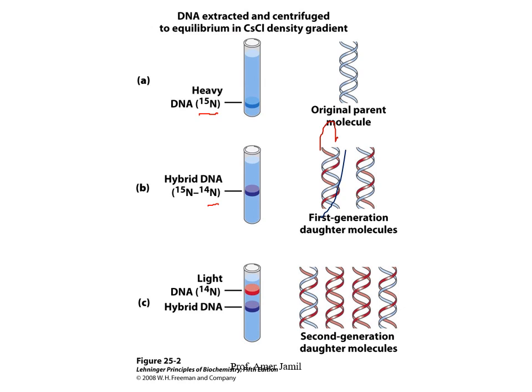Similarly, in the next generation, when you grow again in N14 medium, from this particular parent you can see that it contains one of the parent and one of the daughter.